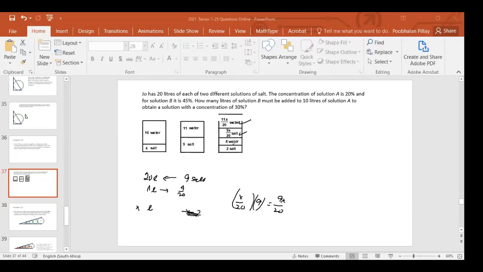So this is your new situation, and you want this concentration to be 30%. Now, what does that mean? The total amount of salt you've got here, which is 9X over 20, let's add that salt there. Where is the salt? The total amount of salt is 9X over 20 plus 2.